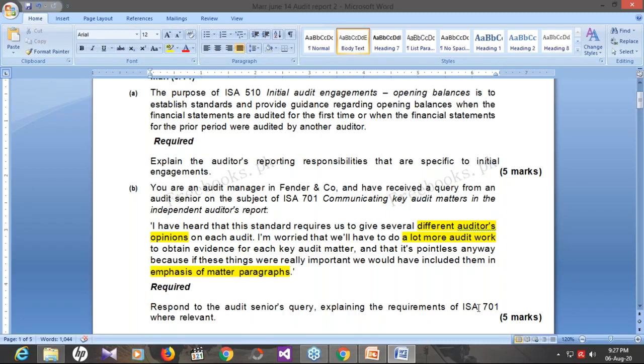These are the risky areas that were highlighted in the planning stage, and the auditor obtained evidence regarding these areas. So the auditor doesn't need to increase the work. The work is the same, the evidence is the same; they just have to include the CAM in the audit report, which shows the evidence they have acquired and how they managed that audit risk.